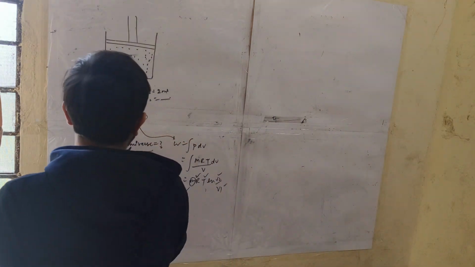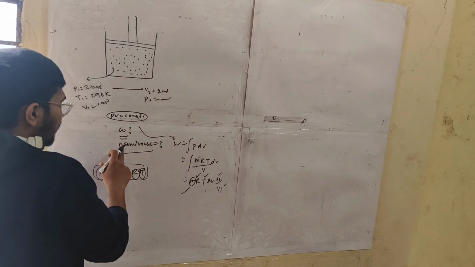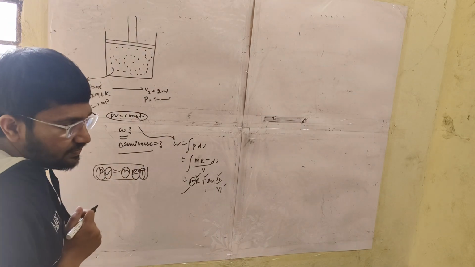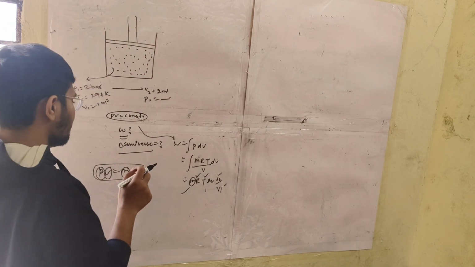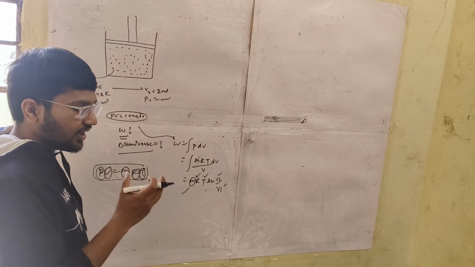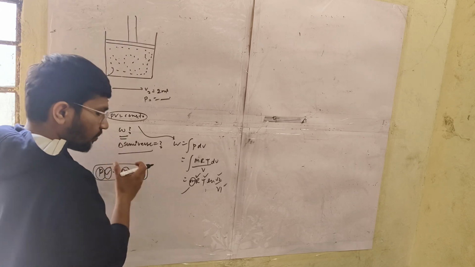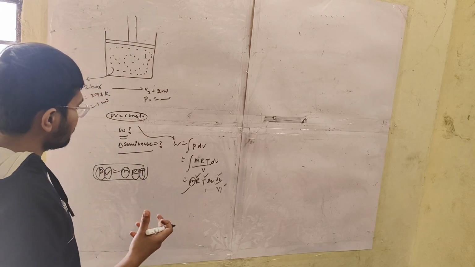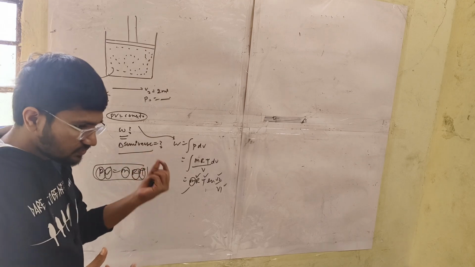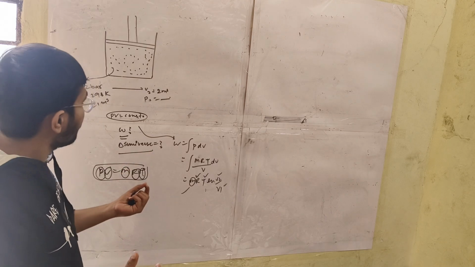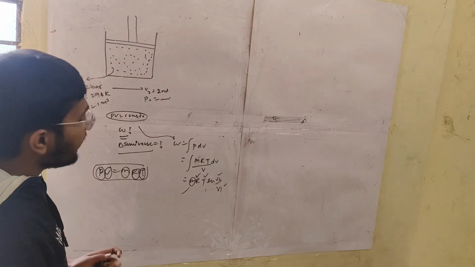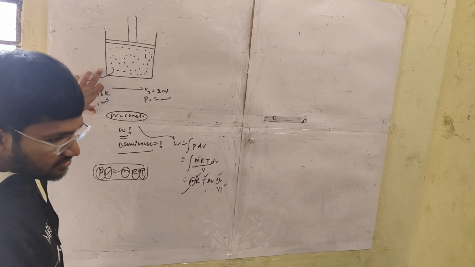Now we also have one more question, that is delta S for the universe, the total entropy change in the universe for this process. It should be 0, because this is a reversible process.